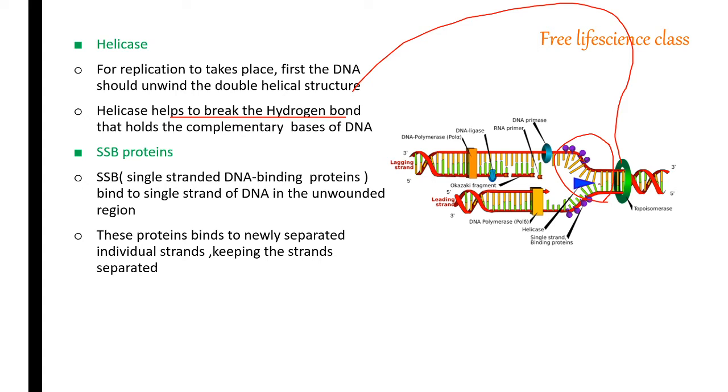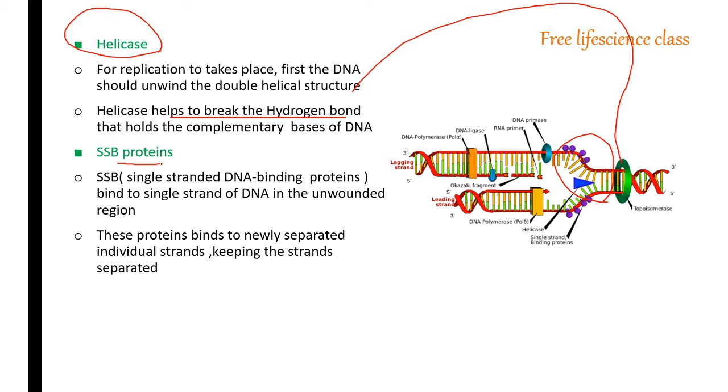So what is the role of helicase in DNA replication? Helicase helps in breaking down hydrogen bonds between the complementary bases. Okay, everybody understand? Okay, we are moving to the next enzyme, that is single stranded DNA binding proteins, SSB.